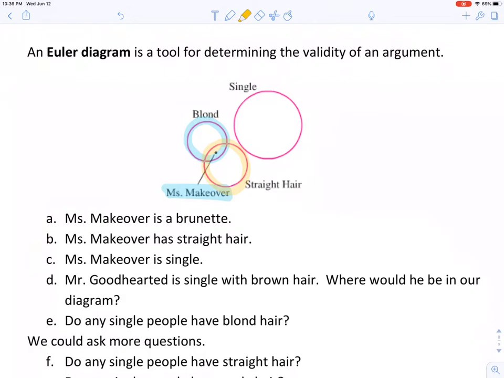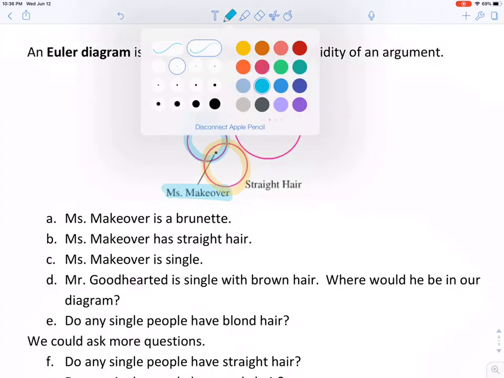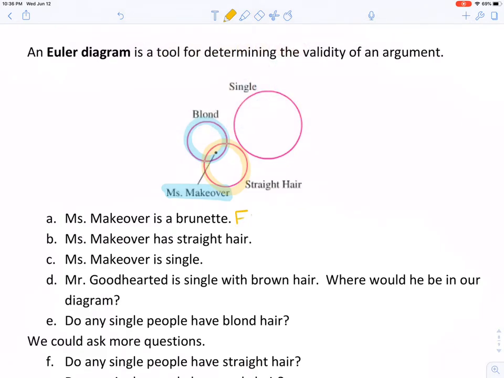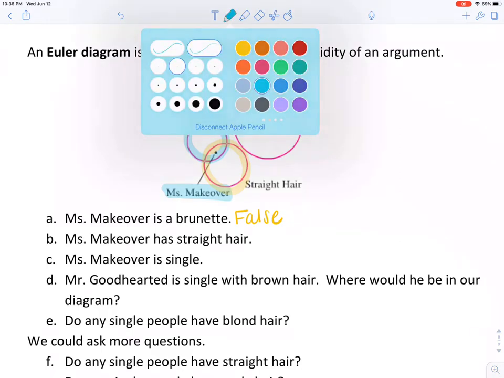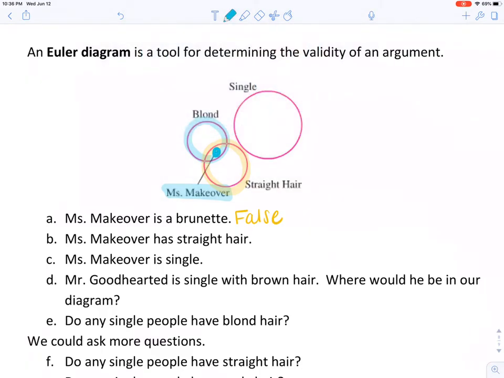Therefore, I can say Miss Makeover is a brunette is a false statement, because based on the diagram, she actually has blonde hair. Miss Makeover has straight hair. Well, again, because she's in the middle of the two circles, blonde and straight-haired, meaning she has both, I can say that it's true that part B, Miss Makeover has straight hair.